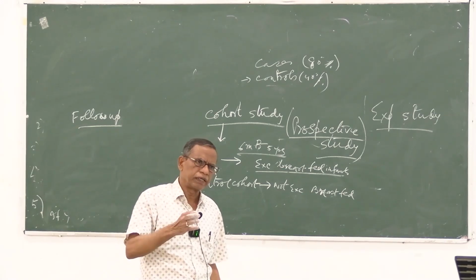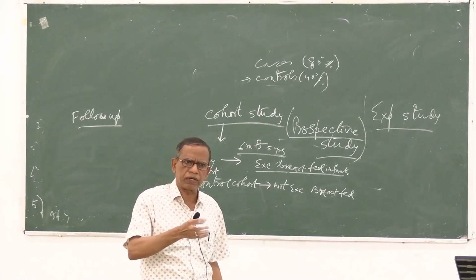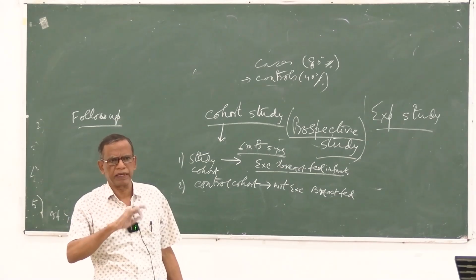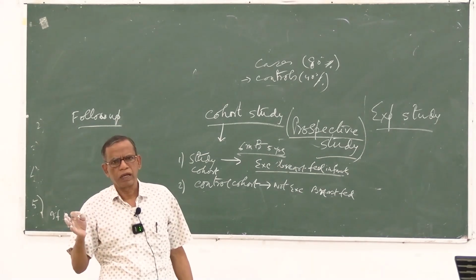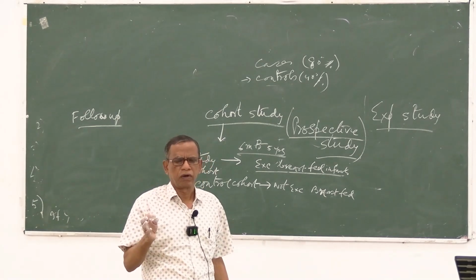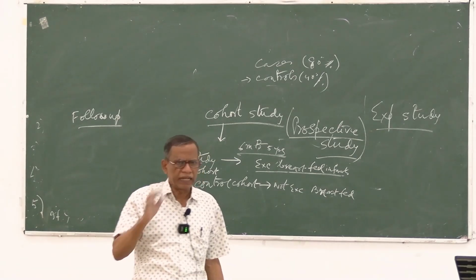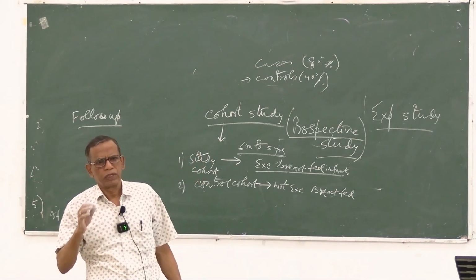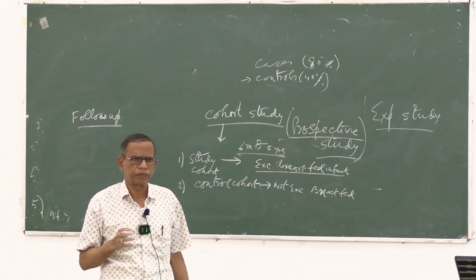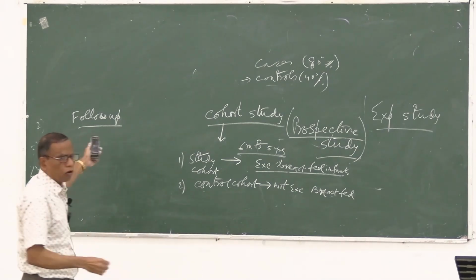It may be ARI, it may be diarrhea, or it may be malnutrition. So the frequency of these various morbidities is higher among the non-exclusively breastfed infants. On the other hand, exclusively breastfed infants are less prone to develop ARI, diarrhea, malnutrition or other morbidities. Clear? So, you have to follow up.